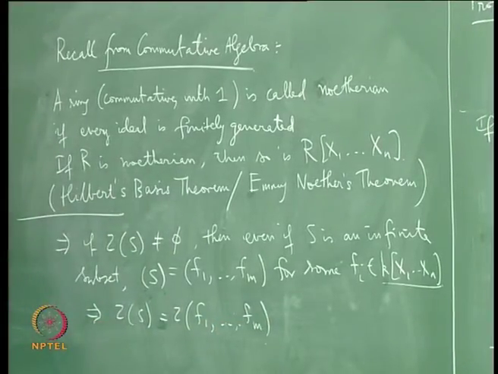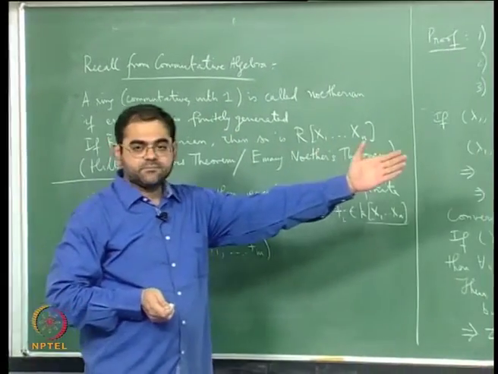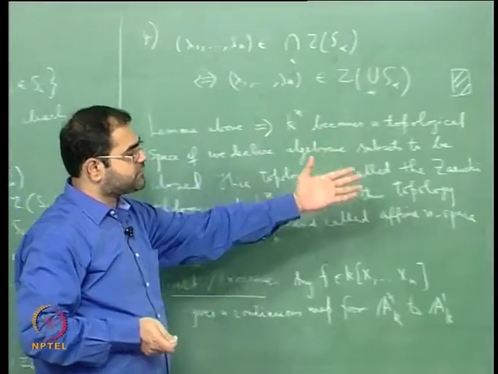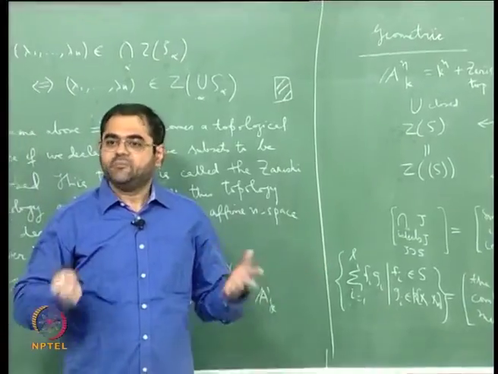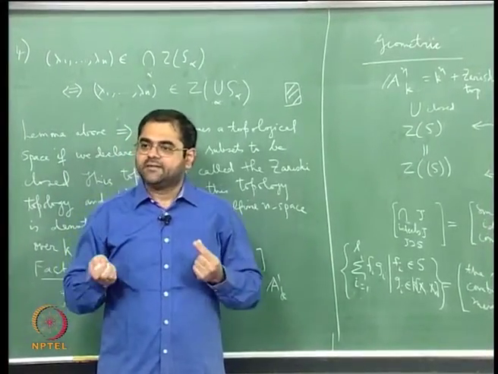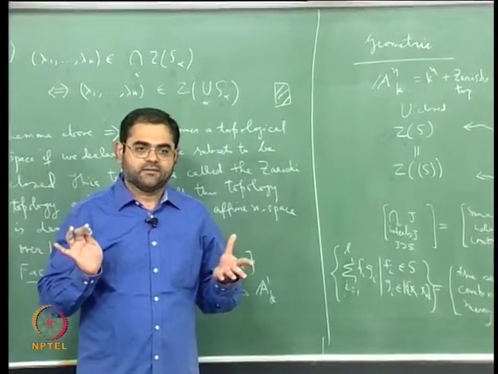The moral of the story is, when we started defining algebraic sets, we were looking at common zeros of a bunch of polynomials which could be even infinite, but in principle we are only studying common zeros of finitely many polynomials, and that's very heartening.